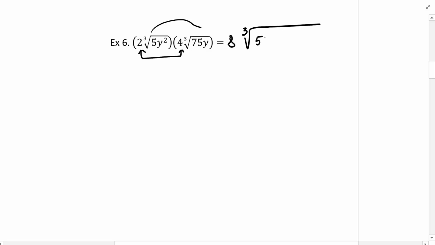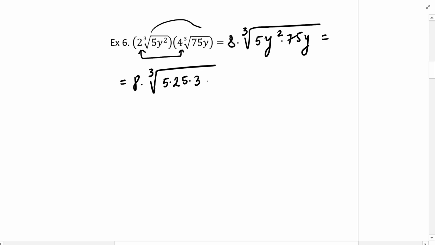So it's going to be 5y squared times 75y. So 8 times, don't forget the 8, right? Cube root of 5 times 75. We can multiply that, or I can write 5 times 75 as 25 times 3, and y squared times y to the first is y to the third, right? Properties of exponents, very important.